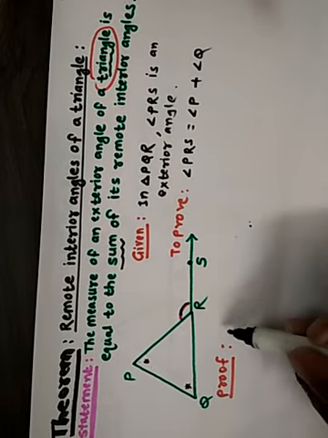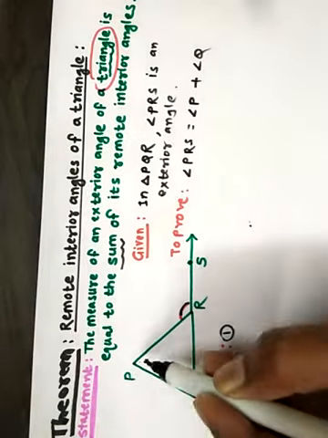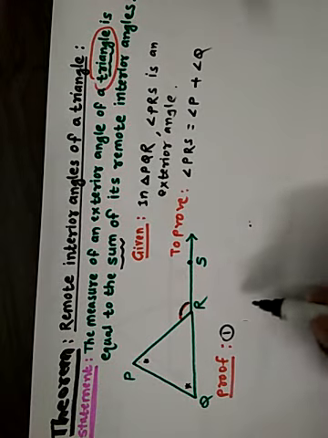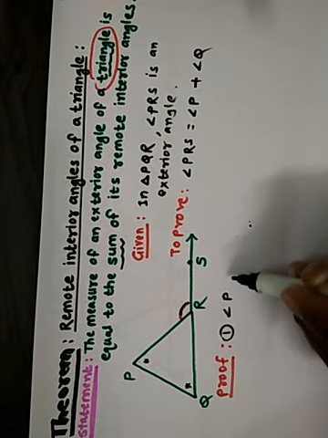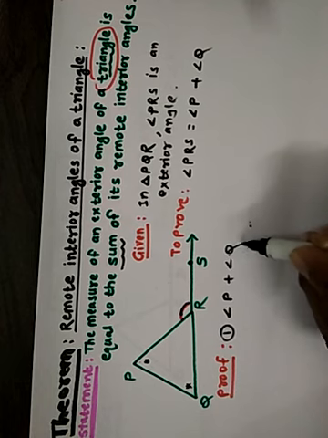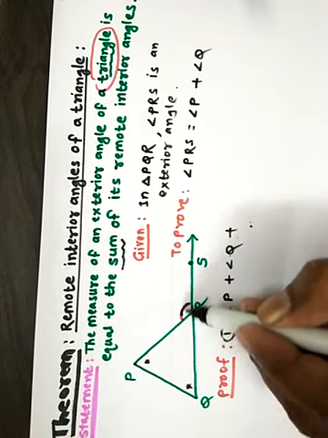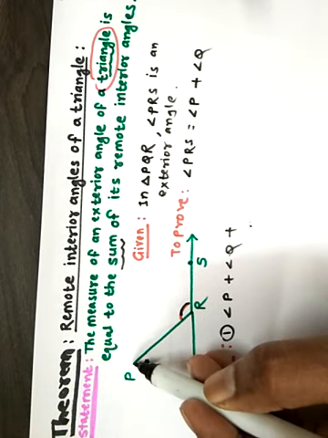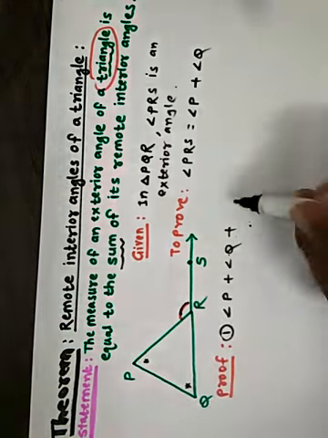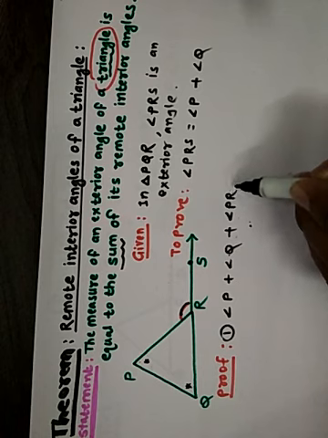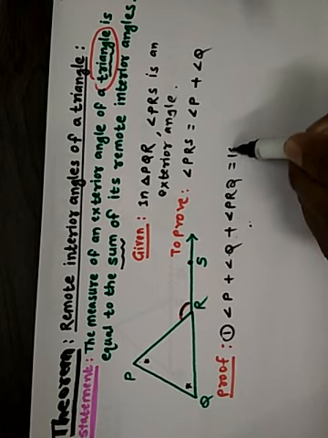Now see here, the first property we use is the sum of measures of angles of a triangle. That means angle P plus angle Q plus angle R. Here there are two angles at R, so we write angle R in three letters: angle PRQ is equal to 180.